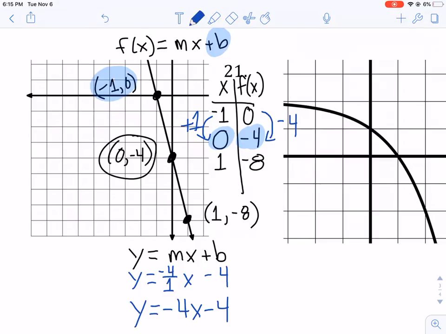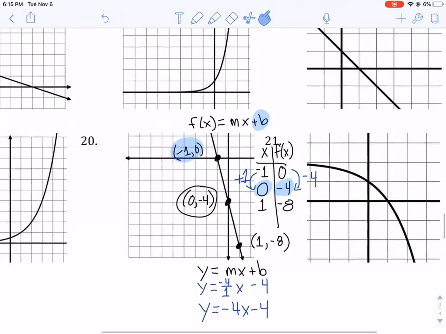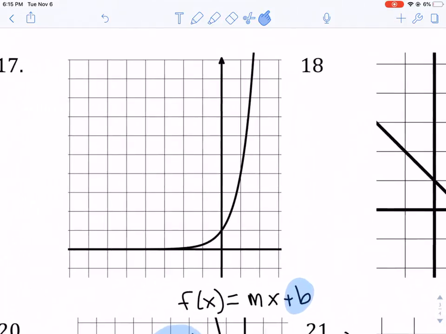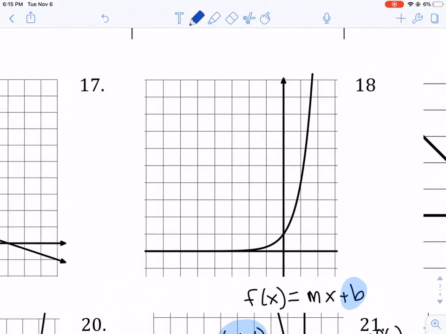This also works for exponential functions, and we're going to try one of those right now. So let's go with 17 here. Alright, it's an exponential function, so I know the form that this is going to take. f of x equals my initial value times whatever my rate of change is.